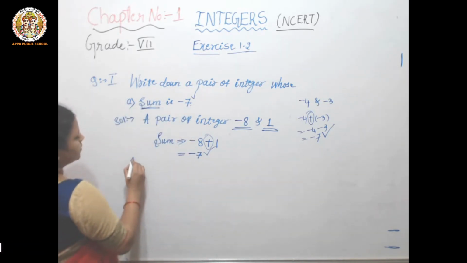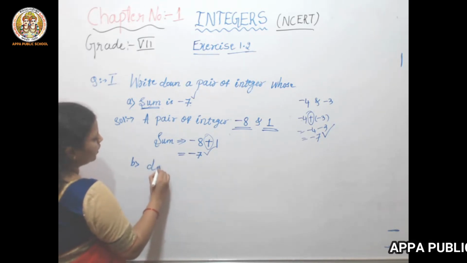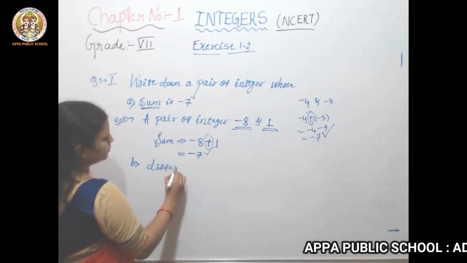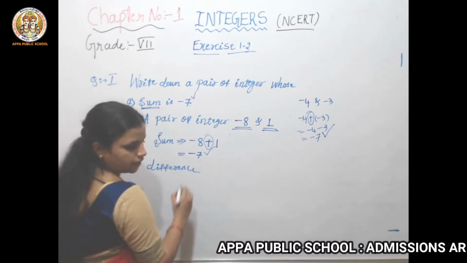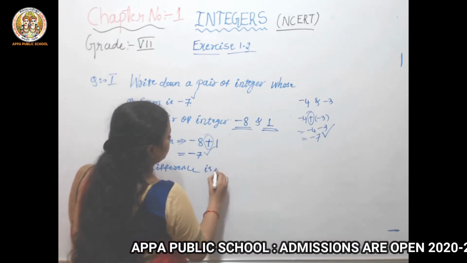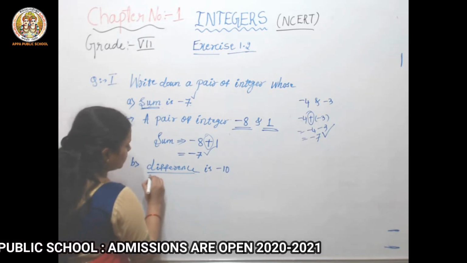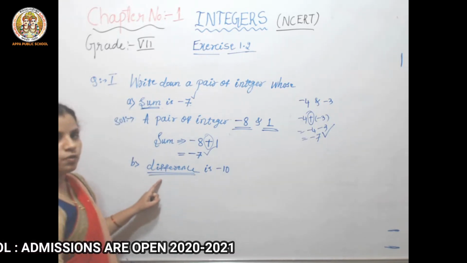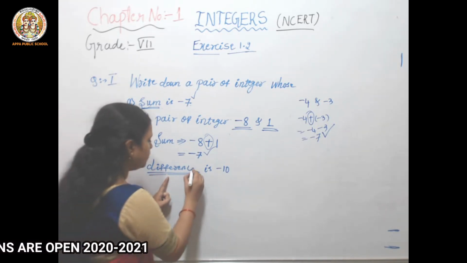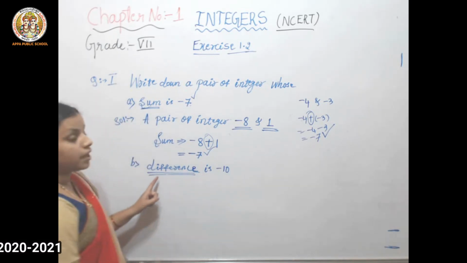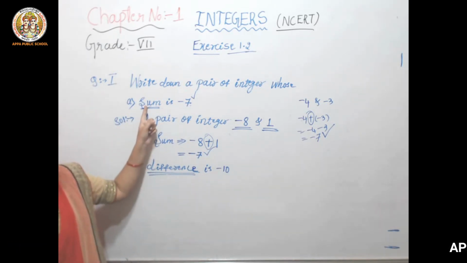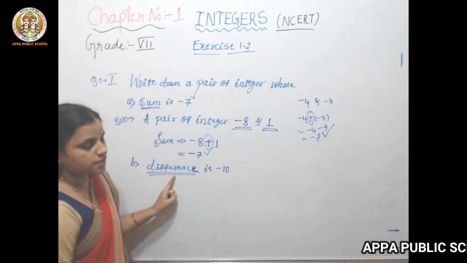And B, the difference is minus 10. Please be careful with the word difference. Sum is plus, difference means minus.